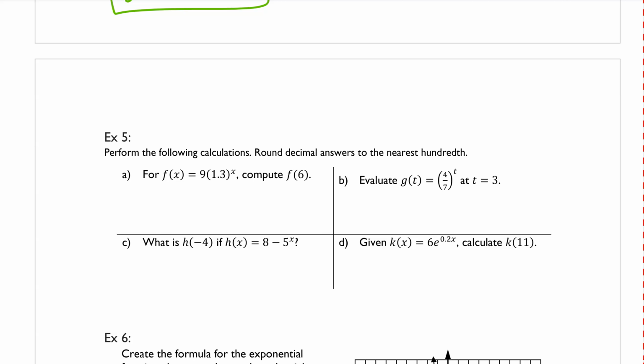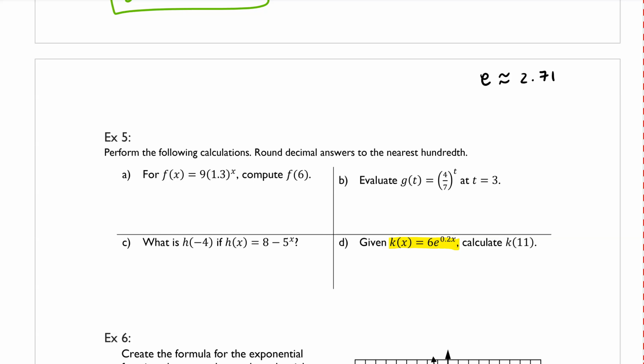I do, however, want to show you how to do D because you might not know where the e value is on your calculator. e is a constant that is approximately 2.71, and that decimal goes on forever, so that's just an approximation. It's kind of like the number pi, and for a lot of purposes, we just round pi to 3.14.